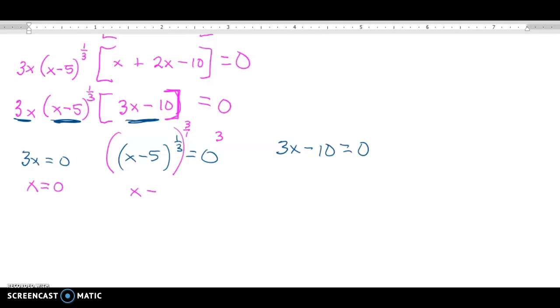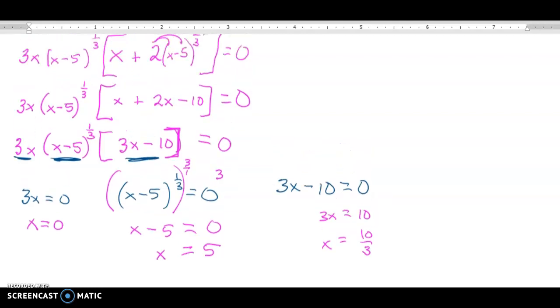So that would give us x minus 5 equals 0 to the 3rd, which is 0. Add 5, and we get x equals 5. And the last one, add 10, 3x equals 10, divide by 3, x equals 10/3.